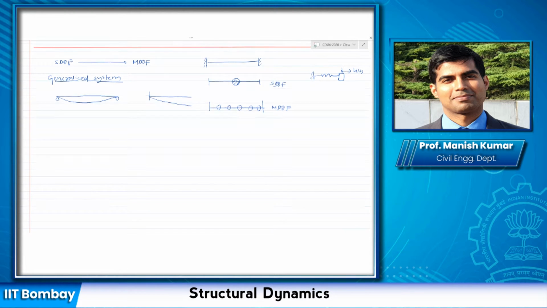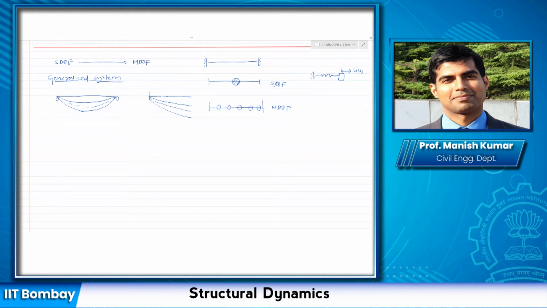However, for a continuous system, at different times, the deflection would look like something like this for a simply supported beam and for a cantilever beam. So we said that at different locations in the structure, a continuous body will have different deformation.